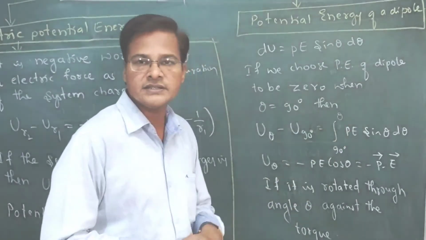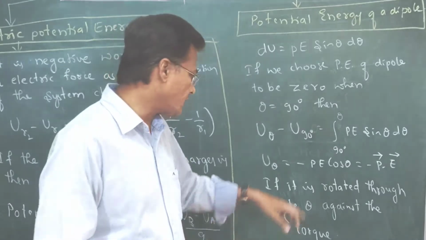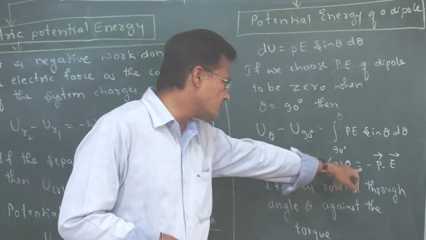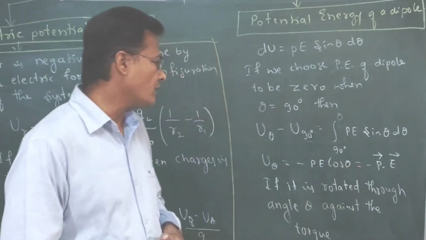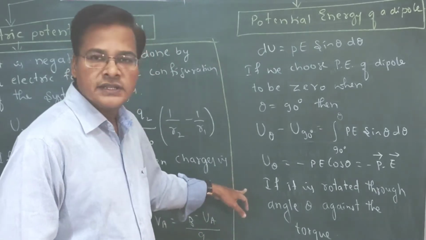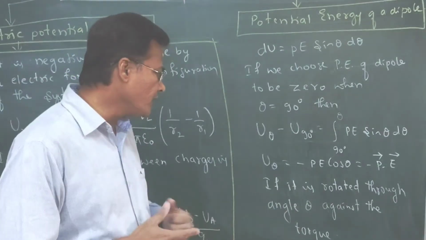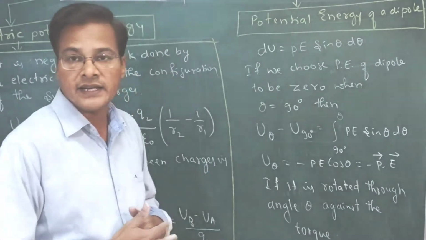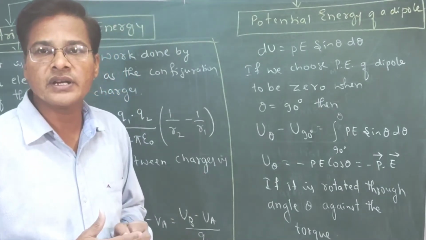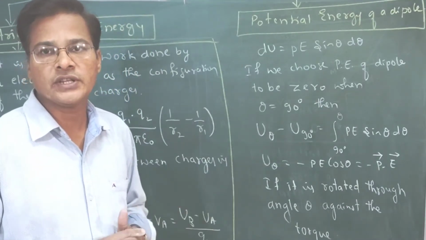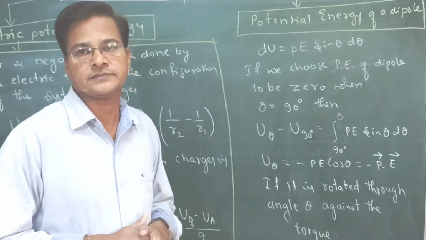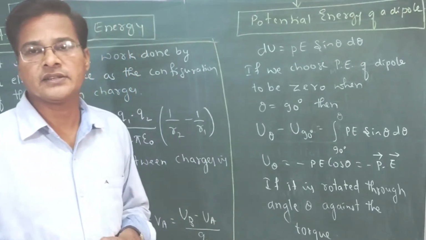The integration of sin theta is minus cos theta, so we get minus PE cos theta, that is minus P vector dot E vector. So when the dipole is rotated through angle theta, it must be rotated against the torque. Then we are getting this equation.